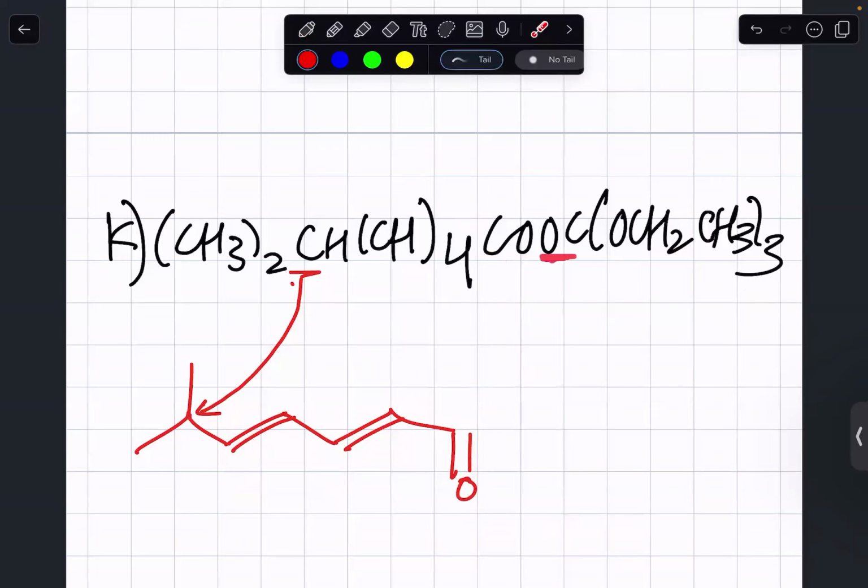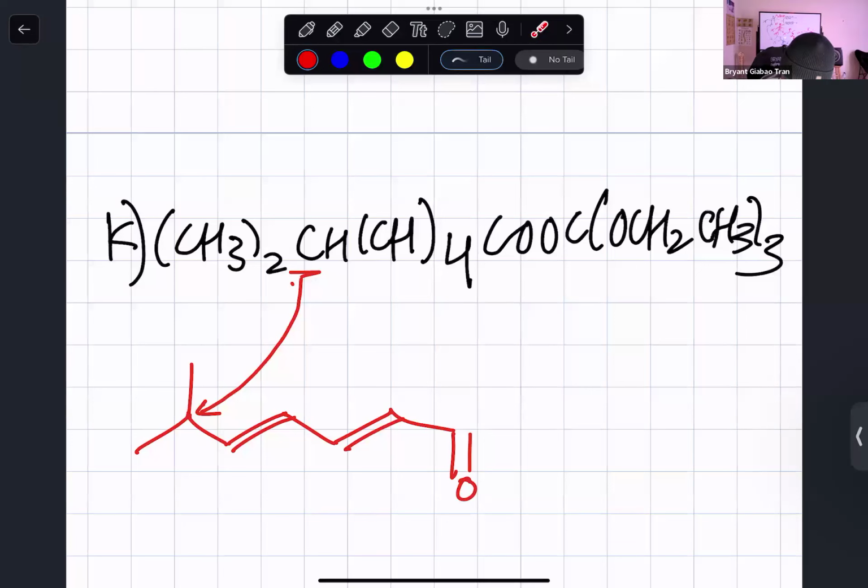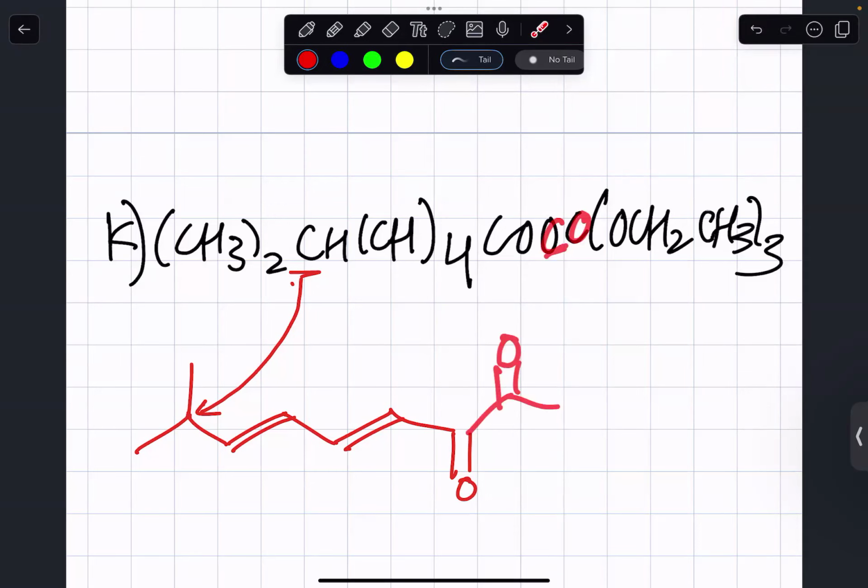And then is it bonded to another carbonyl? Not another carbonyl, because look at the order. We have COOC. It would be attached to another carbonyl if we had COCO, right? But it's like this, connected to an oxygen. So the order matters here as well.